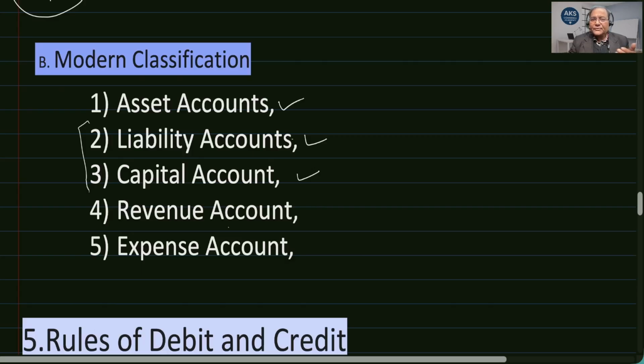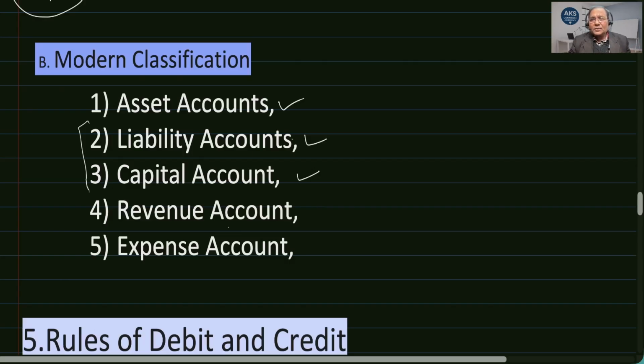Revenue account is related to anything that generates revenue for the business by doing the core activity. For example, by selling sweets in the sweet shop, the revenue that gets generated is revenue account. Expenses account is anything spent in order to run the business smoothly. Certain expenses are important, like salary of an accountant, salary of a manager, salary of the staff, and rent of the shop in a sweet shop.